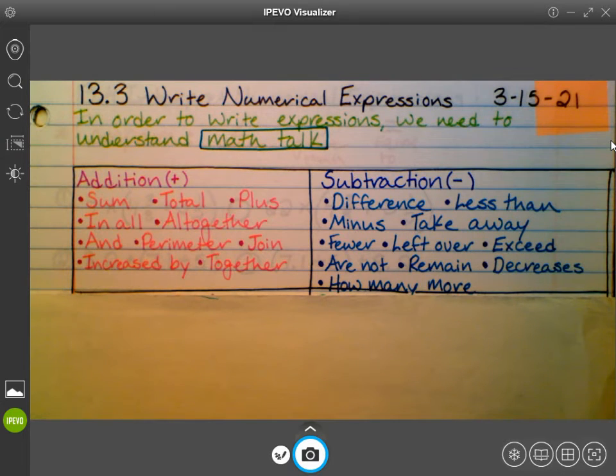When you need to translate from a sentence to math, numbers, and operations, these words give you a clue as to what operation you are using. So if I said you start with 20 and take away 3, that take away is my clue. We're subtracting, 20 minus 3.